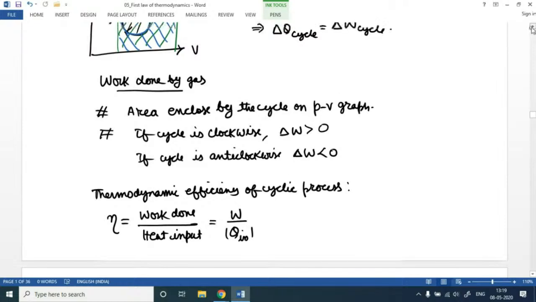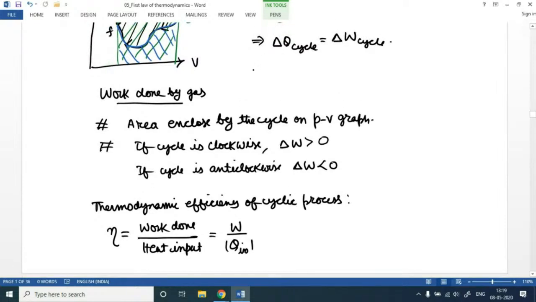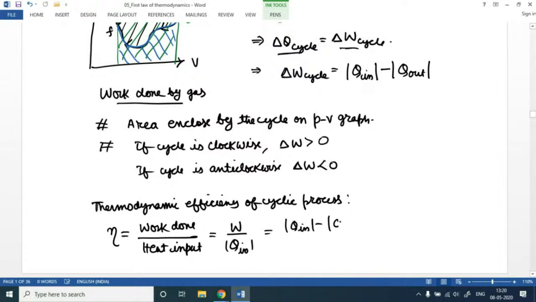From the above equation which we have learned, delta Q cycle is equal to delta W cycle. Delta Q cycle can be written in terms of some heat we are adding and some heat we are losing from the system. So delta W in the numerator would be Q in minus Q out.